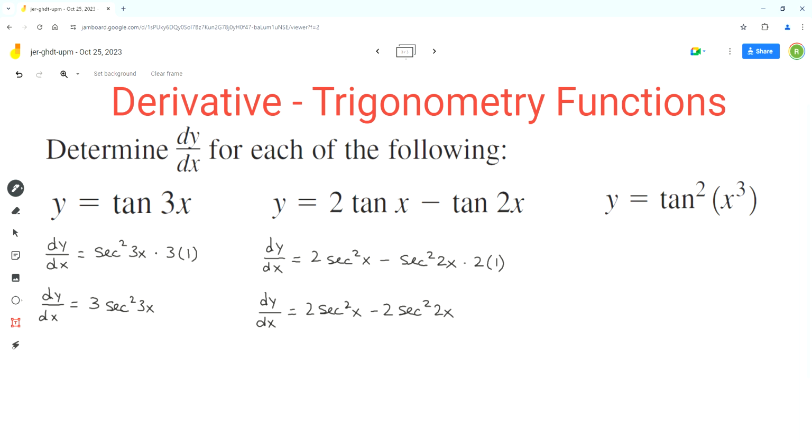Now the third function has a square on tan. So the first step is to rewrite this function so that it becomes easy to find the derivative. So now we can see that this term has the outer function, which is the exponential function with the exponent 2, and the inner function is this tan term tan x cube.